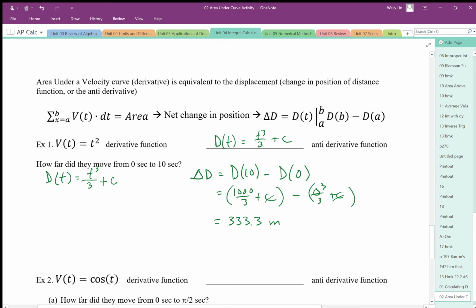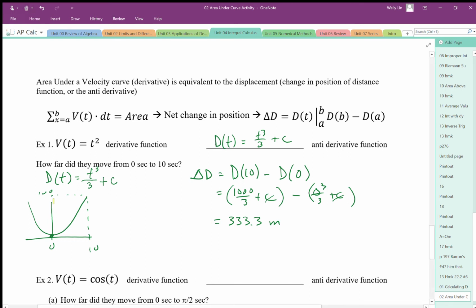Okay, and if we take a look at the area underneath that curve, it's kind of hard to tell, but from 0 to 10, that's going to be 100 meters per second. Yeah, that's going to be 1,000. That area is 1,000. That rectangle, I'm just going to highlight this rectangle.